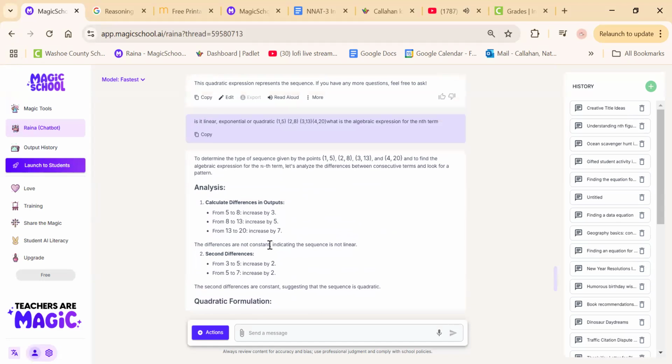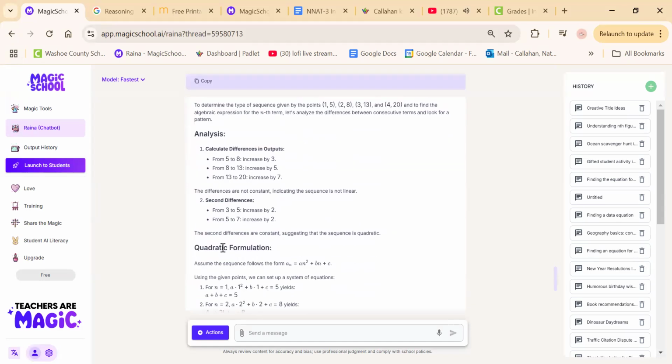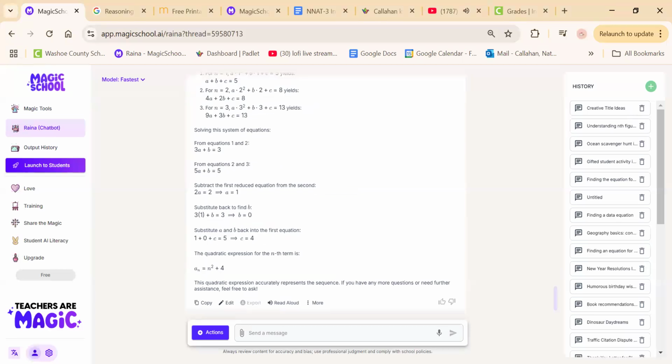Okay, so looking at this right here, it is a quadratic equation, and this is the equation right here. Do you see where it's a n squared plus bn plus c? So your equation is going to be, it's quadratic because there's a square, n squared plus 4. That's your equation.